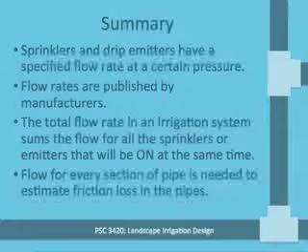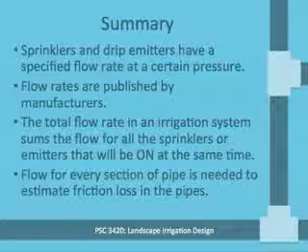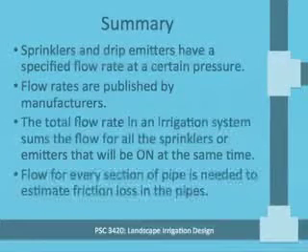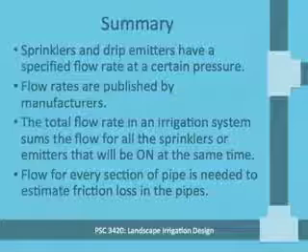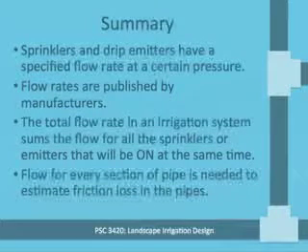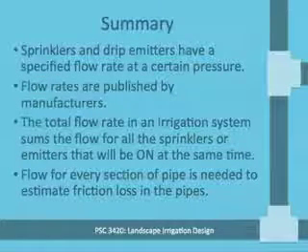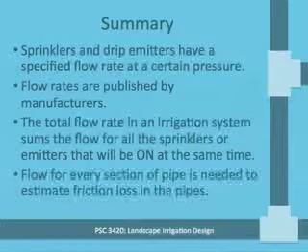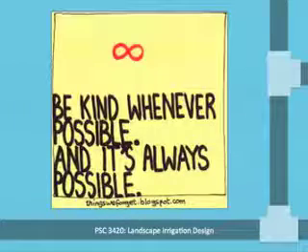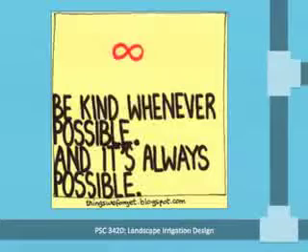So that's really important to know. It's which ones are going to be on at any given time. And you need to know the flow for every section of pipe in your designed system to estimate friction loss in those pipes. So here's a little something to think about before we move on to our next section in basic hydraulics.